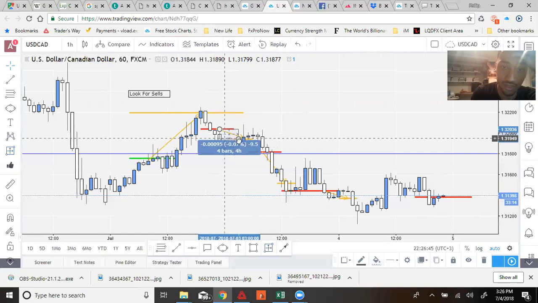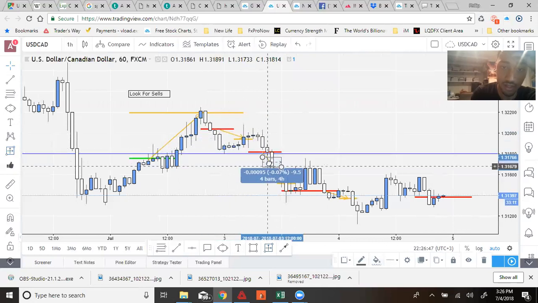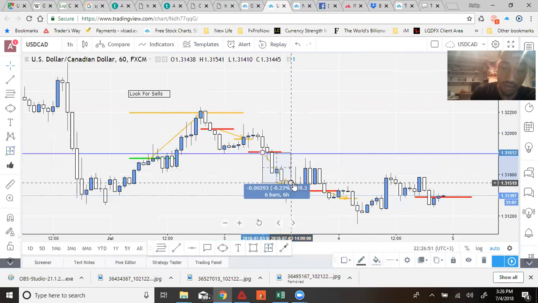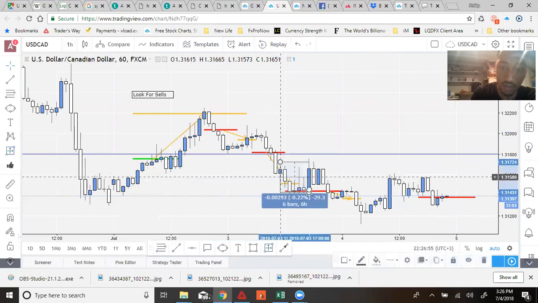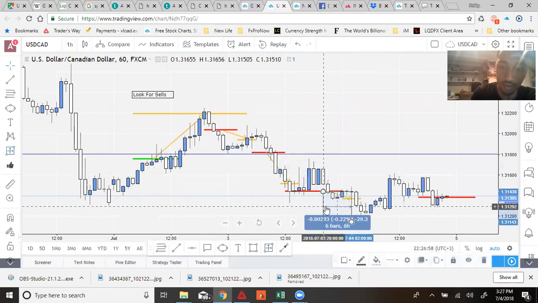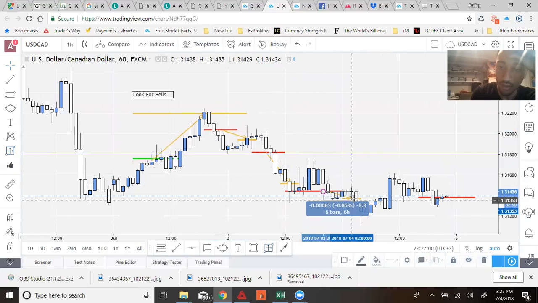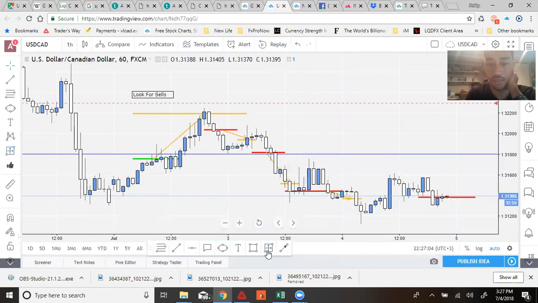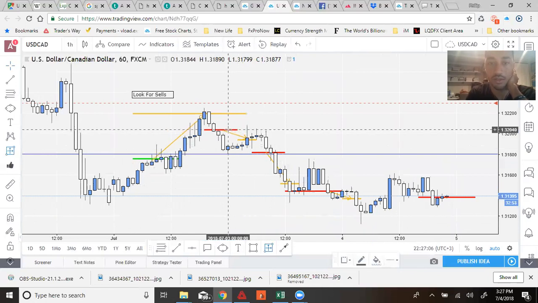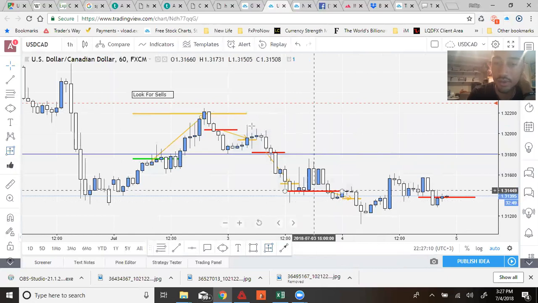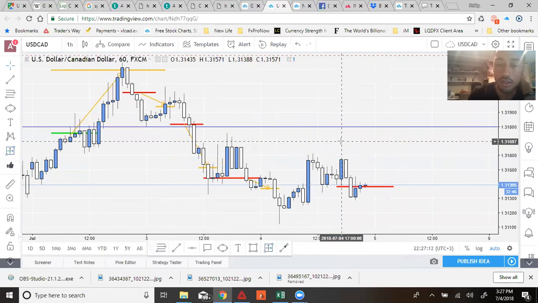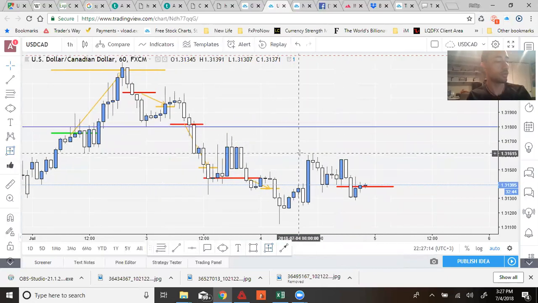You know, like nothing major. I got 30 here. I got, all right, I got 6 here. So, you know, I got a good amount. Between here to here, 68 pips, and you can subtract like 20. So 40 pips in total, something like that.